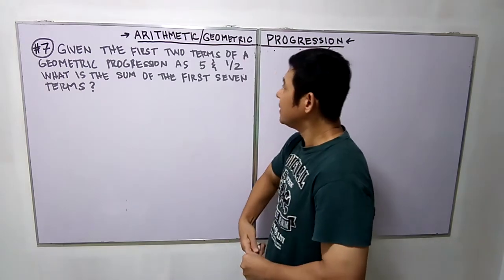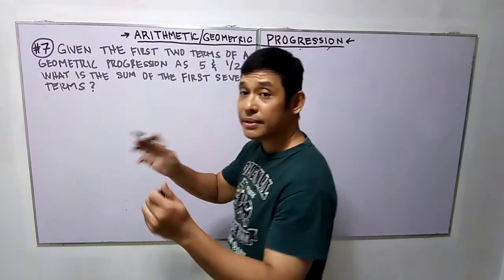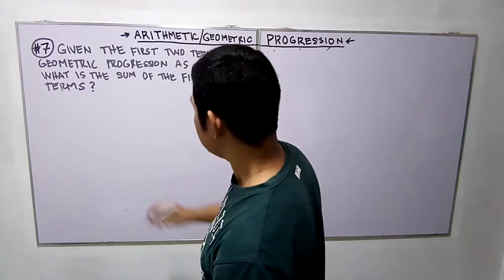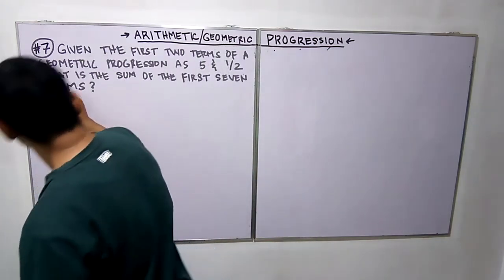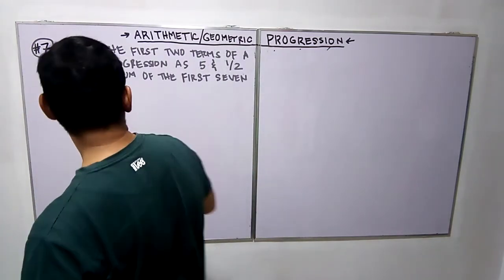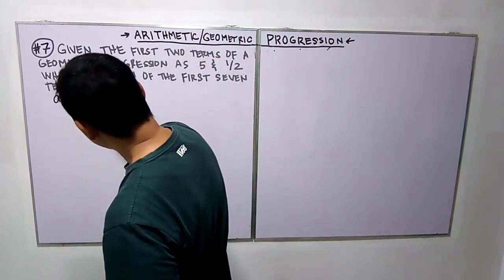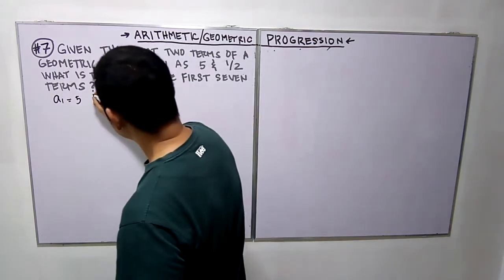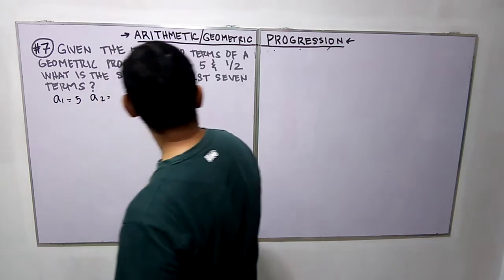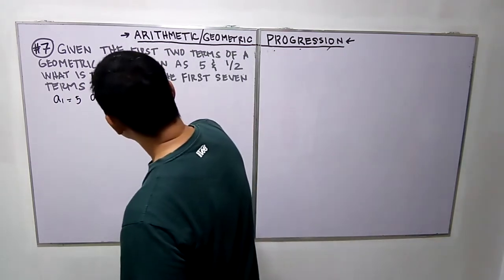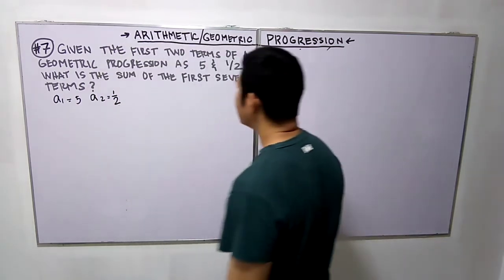Yung given niya ay first two terms. Ibig po sabihin, A1 is equals to 5 and A2 is equals to 1/2.